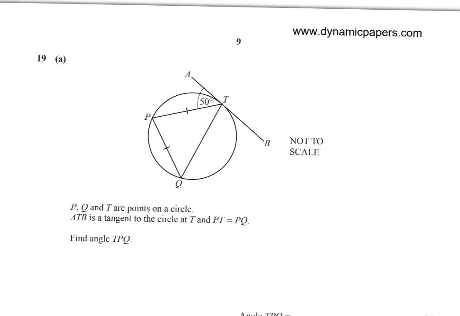19A. B, Q, T are points on a circle. ATB is a tangent to the circle. And BT equals BQ. And this angle is 50. Find the angle TBQ. We need to find this angle.